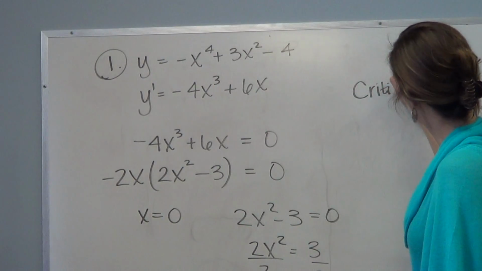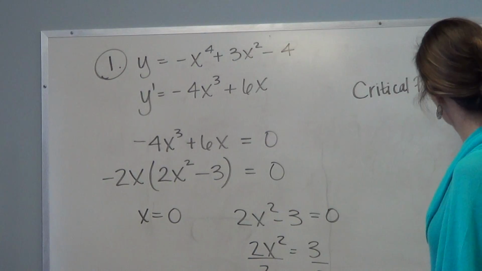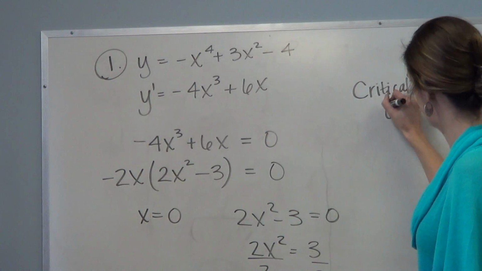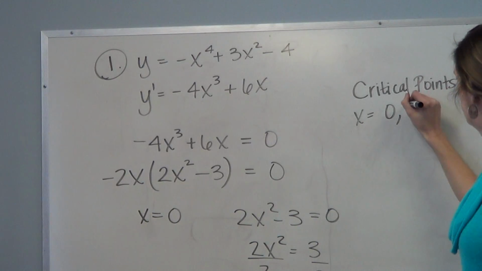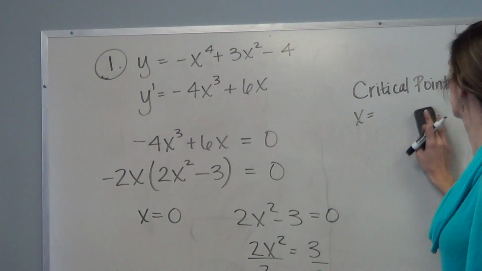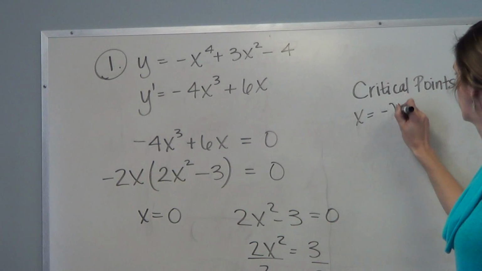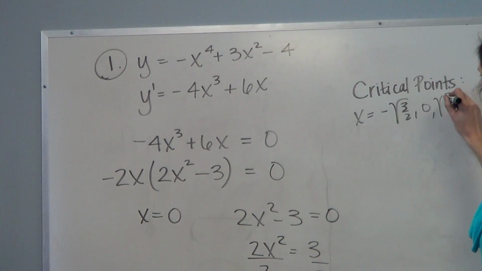So we have critical points at negative square root 3 over 2, 0, and positive square root 3 over 2.